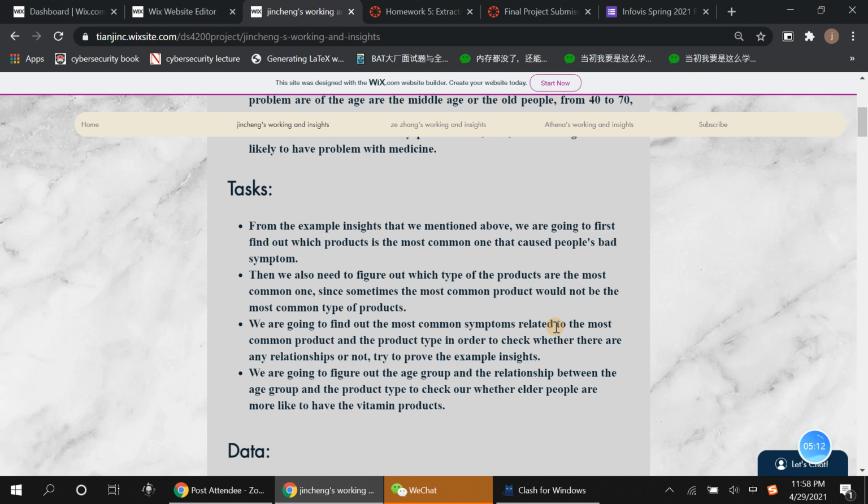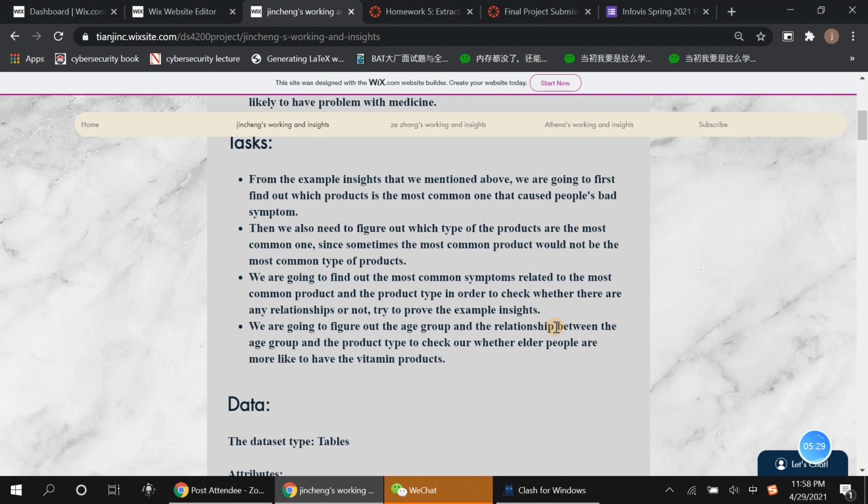For example, the most common product may be a kind of medicine, but the most common product type may be food. So that's a very important part that we need to look up.